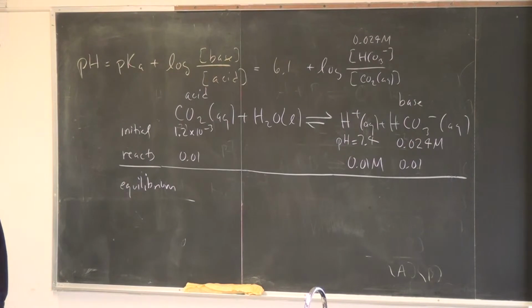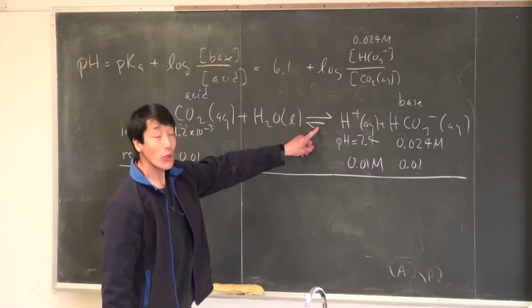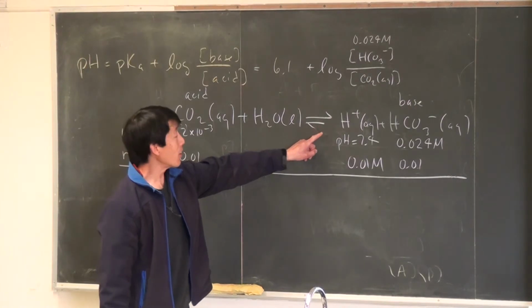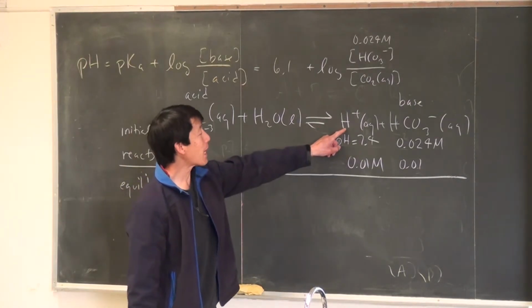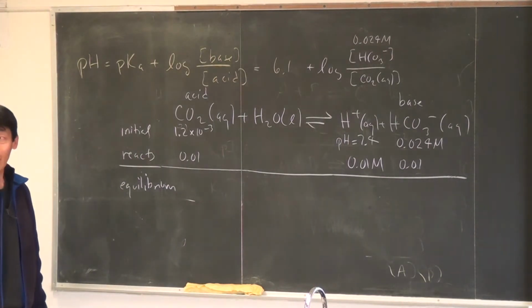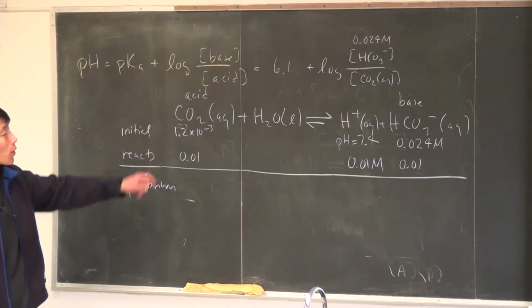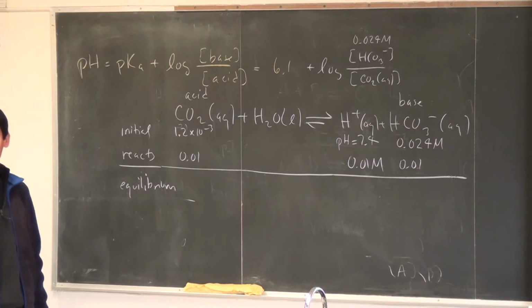Now, this is an equilibrium reaction, which means it can go in either the forward or the reverse direction. We said that when H plus is added, that's going to shift the reaction toward the reactant side, which means that our reactants are going to be CO2 and H2O, or are they going to be H plus and HCO3 minus?